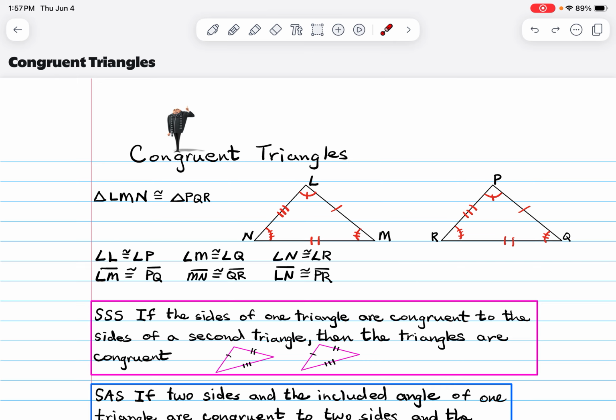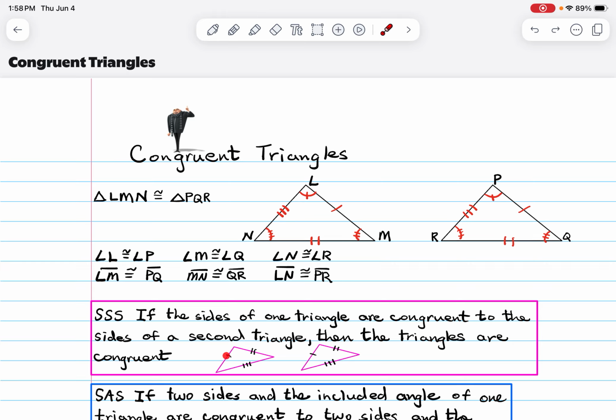Now, what we want to be able to do is look at four theorems that tell us that if you see this, you have enough information to say that those two triangles are congruent. Now, the first one is side, side, side. If you have two triangles and you know nothing about the angles, you don't know the measure of the angles, but you do know that each of the corresponding sides are congruent.